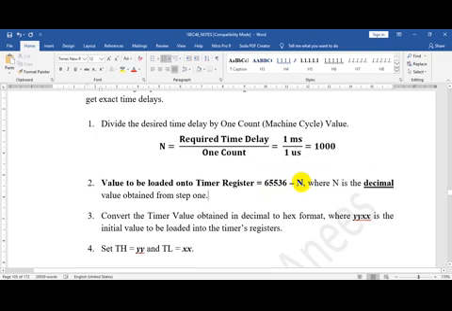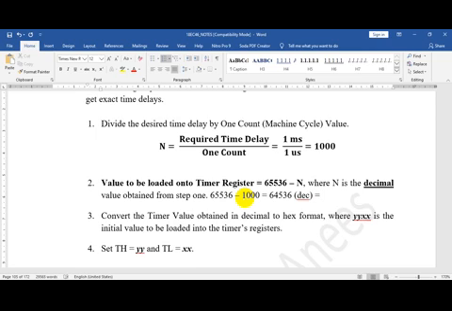In this case, you can treat this as 65536 minus 1000. So how much will it be? It will be 64536. This is in decimal.